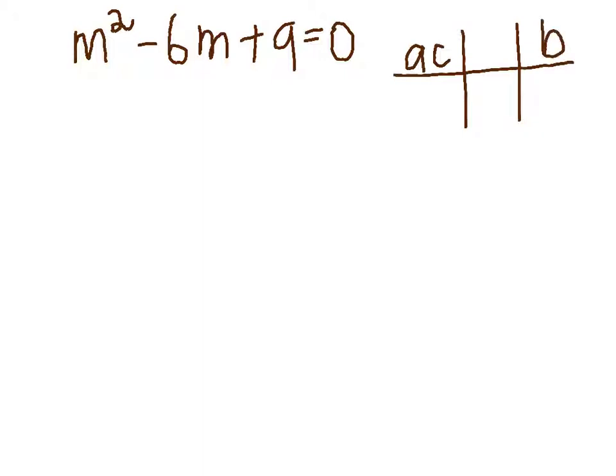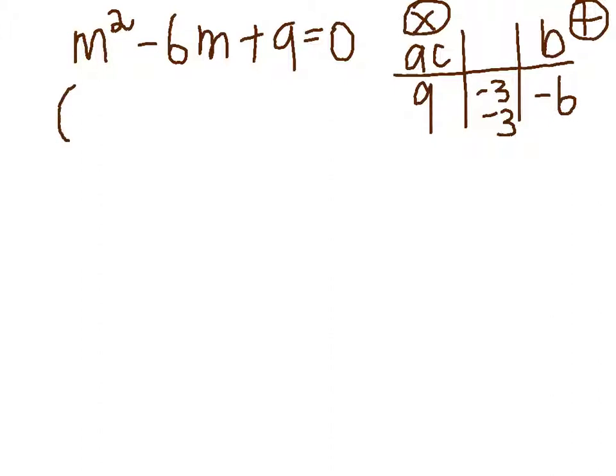So we've got our a times c will be 9, and our b term will be -6. Now, as before, we want to get factors that multiply to give 9 and add to give -6, and that'll be -3 and -3. Now, because the a term is 1, we can go straight into our factors. We don't have to use the grouping method.